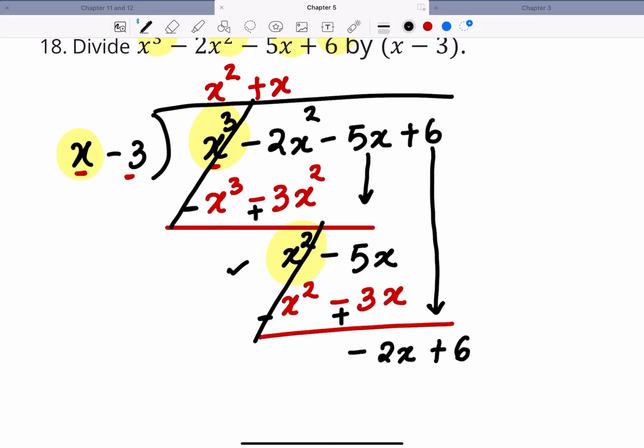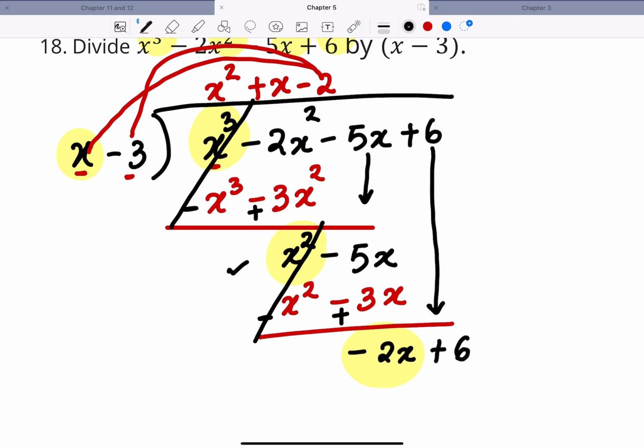Now my focus is on x and negative 2x. Now I'm going to see how many times x goes into negative 2x, which is negative 2 times. And now what do I do? I multiply negative 2 times x and negative 2 times 3. Now let's go ahead and do that.